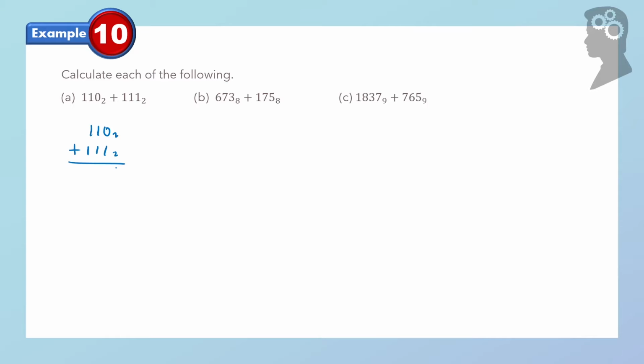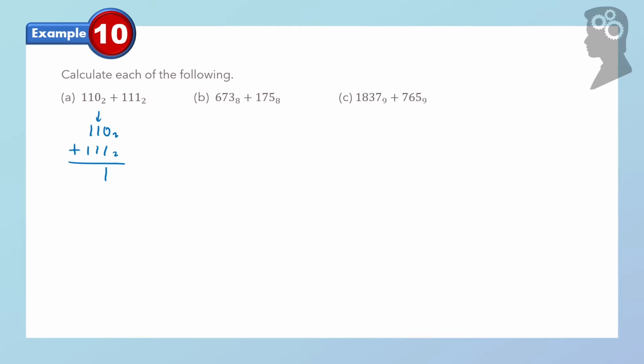When you're doing addition, you add 0 and 1, which is very straightforward. The answer is 1. You start with the rightmost column first, just like you would for addition in base 10. But when you come to the second column, we have a little bit of a problem.